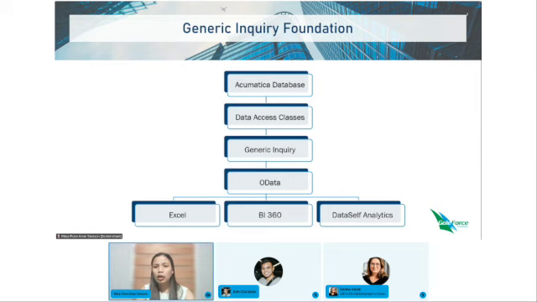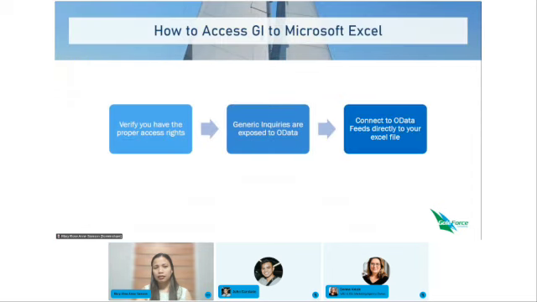While I'm going to walk you through Excel today, there are a myriad of other products such as PI360 from Solvers and DataSelf that leverage the same OData to directly access the data in Acumatica. There are 3 simple steps to access your generic inquiries directly in your Microsoft Excel.